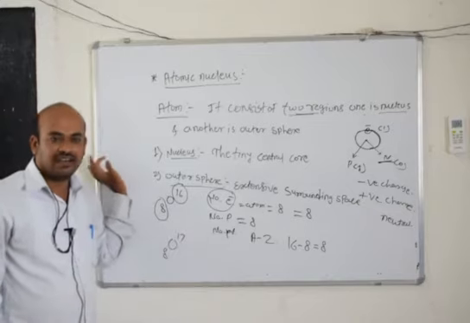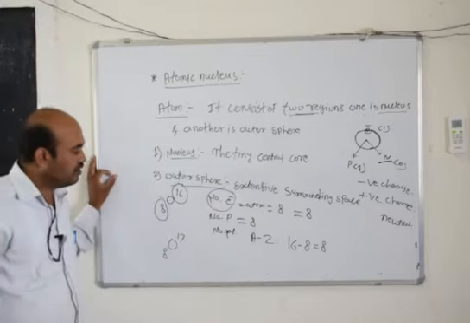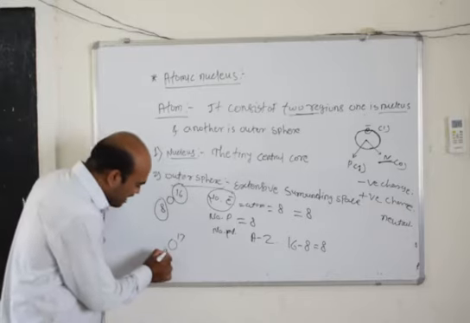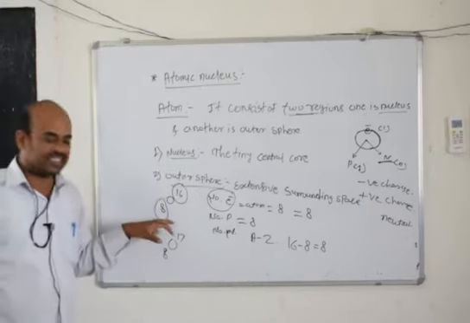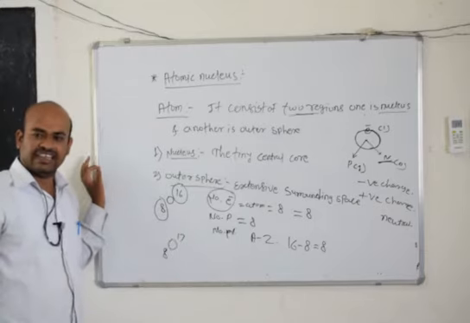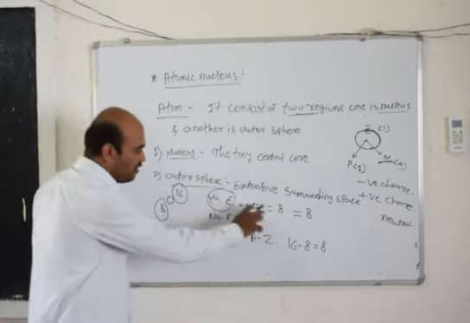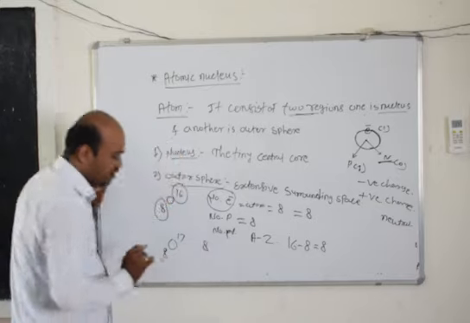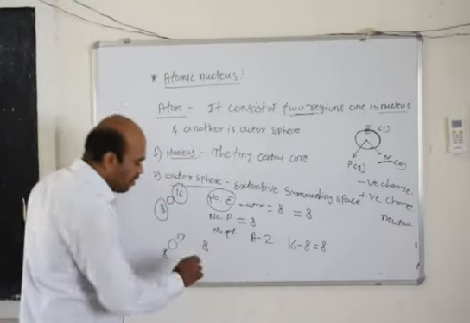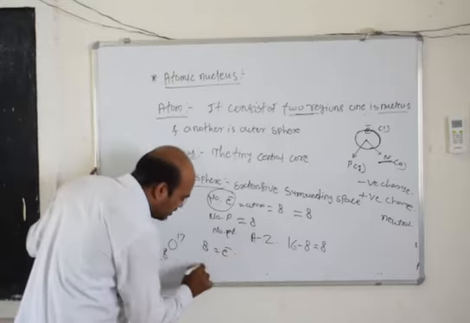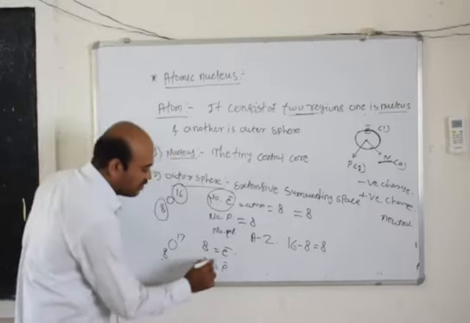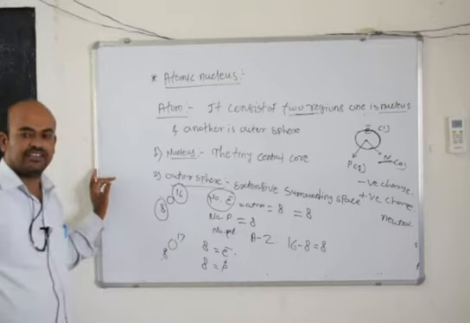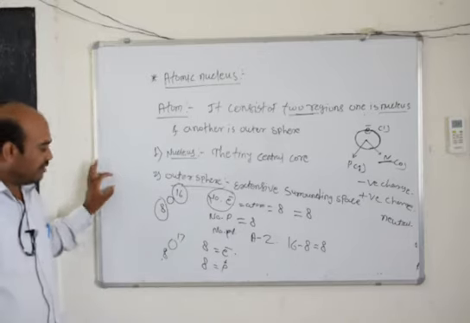In the second condition, the only difference is that the mass number changes from 16 to 17. The number of electrons is the same, equal to the atomic number, and the number of protons is equal to 8.